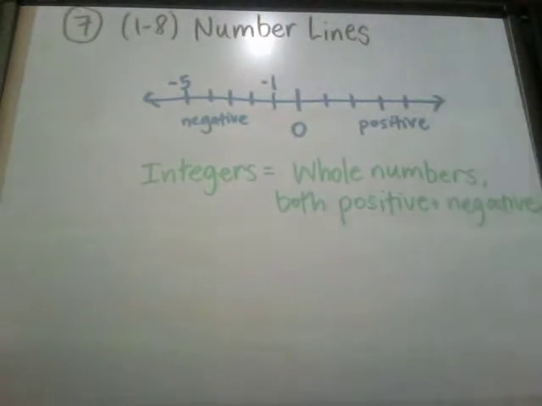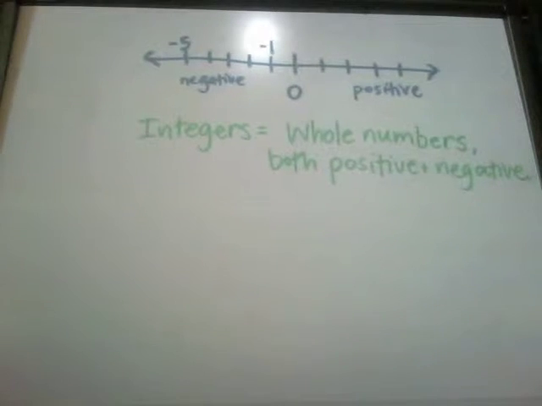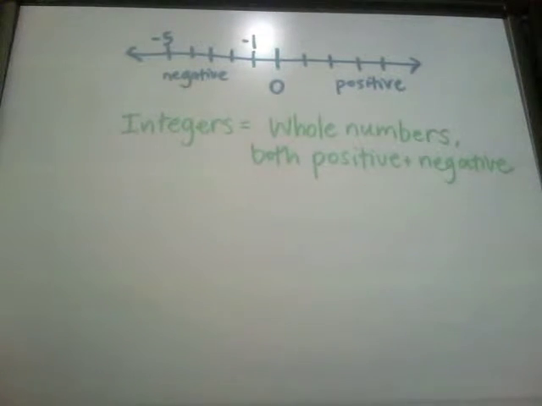So all whole numbers, negative 1,000,000, 975, whatever it might be, if it's a whole number, it's considered an integer. Later on we'll get to decimals and fractions, and those are rational numbers, and we'll talk more about those.